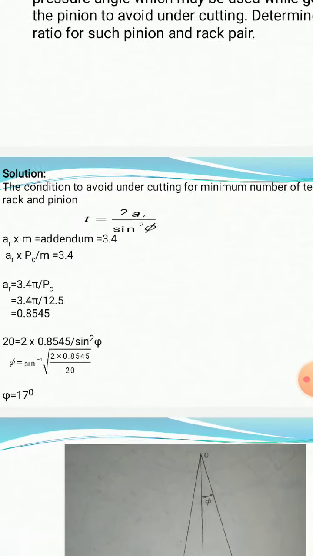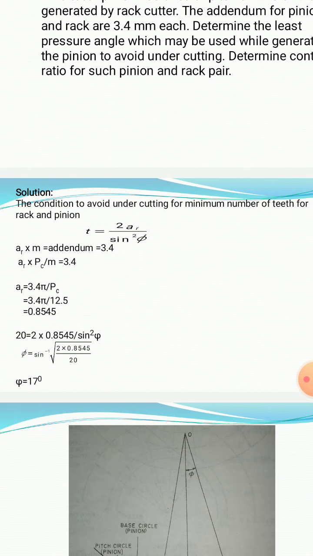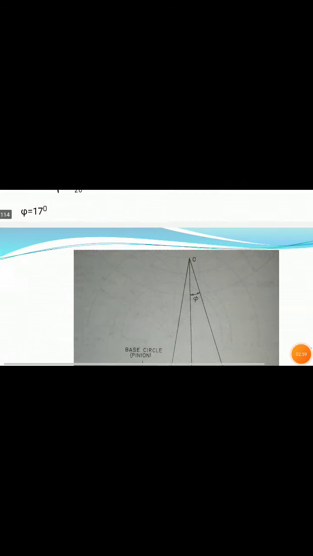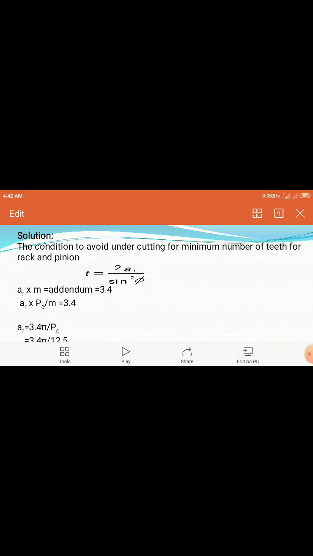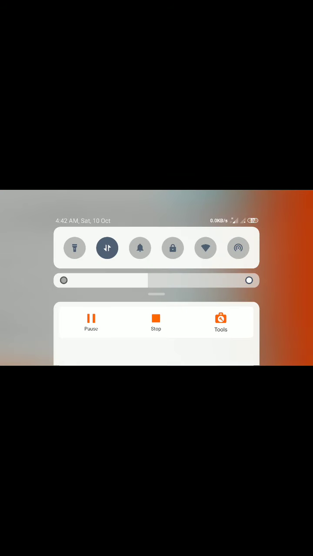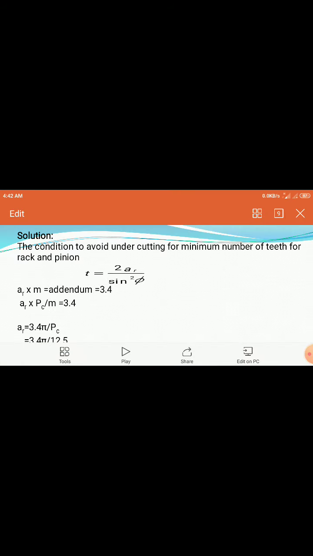So here, to avoid undercutting, we consider that the number of teeth is equal to 2 into AR divided by sin square phi. In the undercutting condition, this is the minimum number of teeth to avoid undercutting.